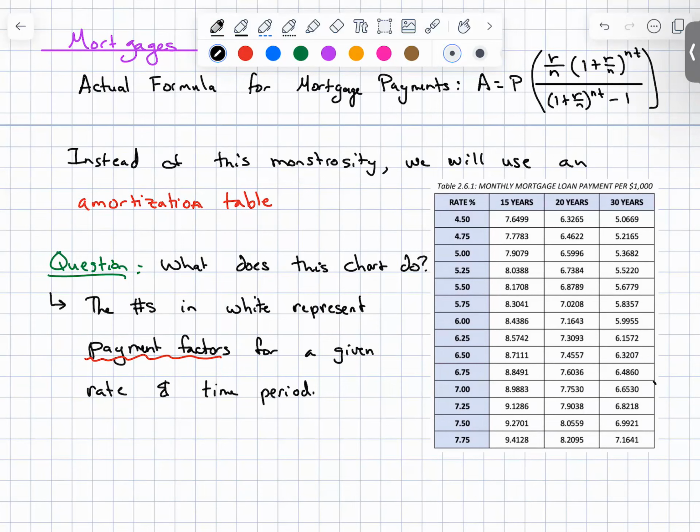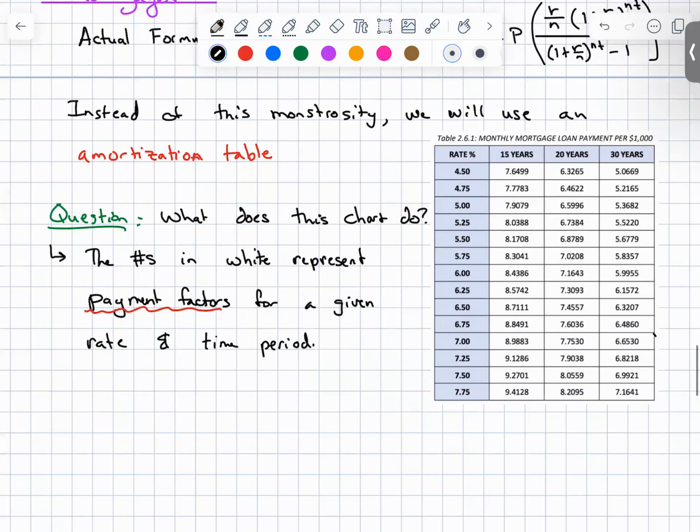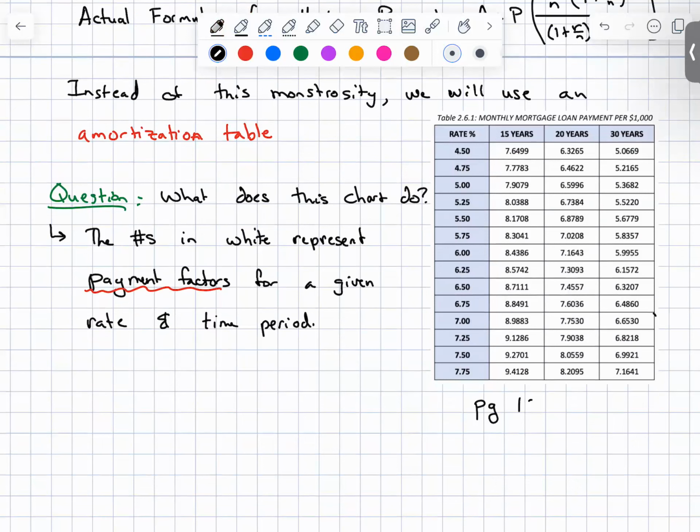What those numbers do is they tell you to multiply by this number to figure out your actual monthly payment. And I'll show you the formula for it. By the way, this is on page 167 of the text.